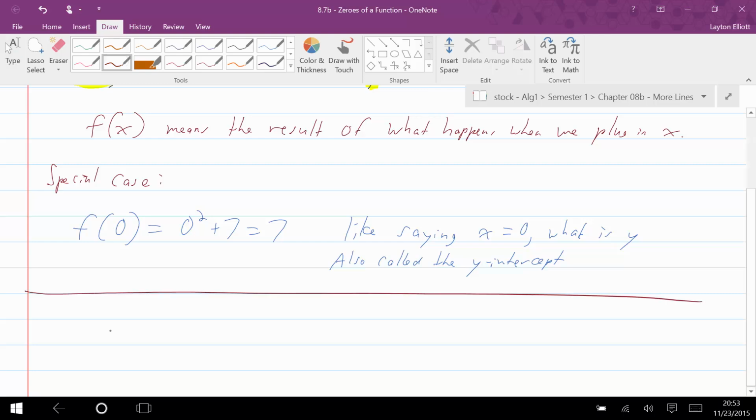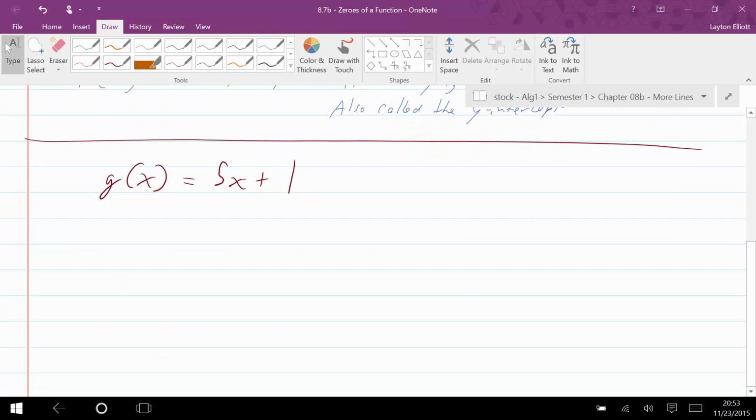Okay, new problem. g of x is equal to 5x plus 1. First I want you to find g of 0. And secondly, I want you to find x when g of x equals 0.